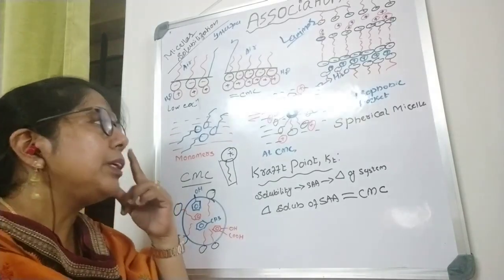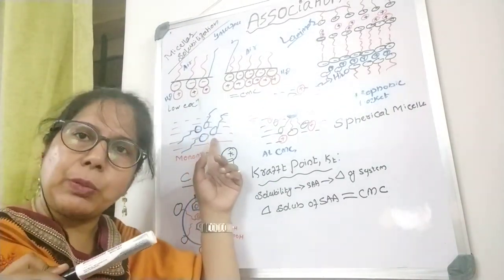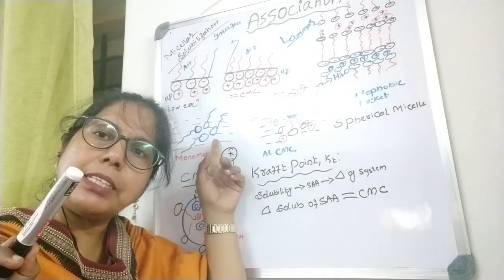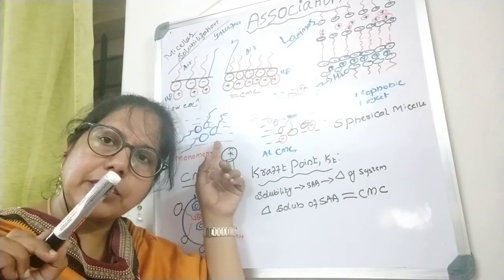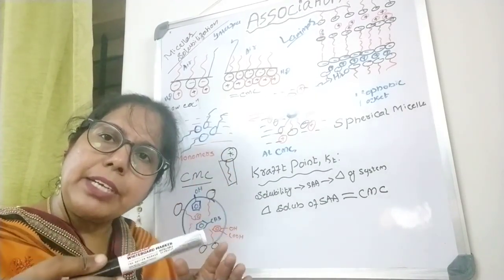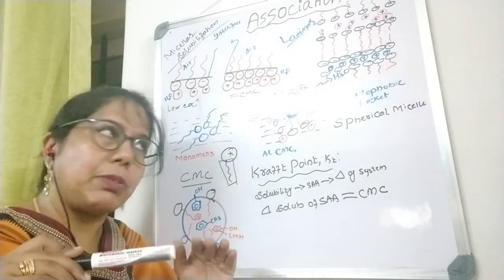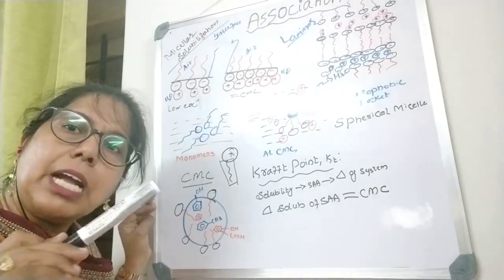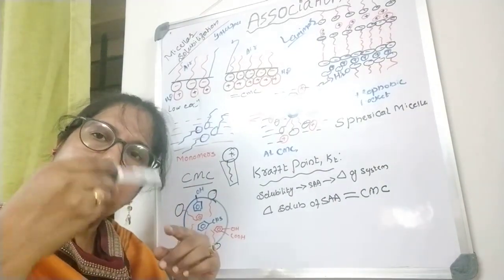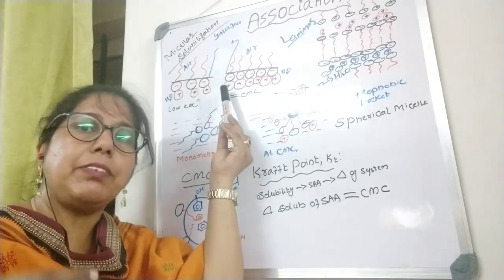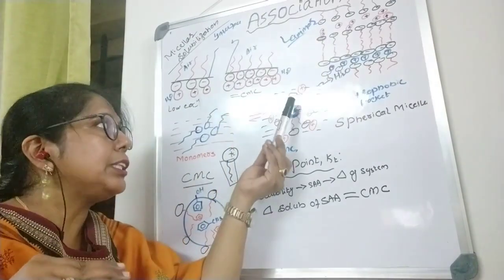Then what are micelles? An individual monomer, the amphiphile I have told you about, does not come under the colloidal size range. If you remember, the colloidal size range starts from 50 to 100 Angstroms, or 0.5 to 10 micrometers, as I have told. So as we keep increasing the concentration of surfactant, once it forms a saturated layer, it forms an association.